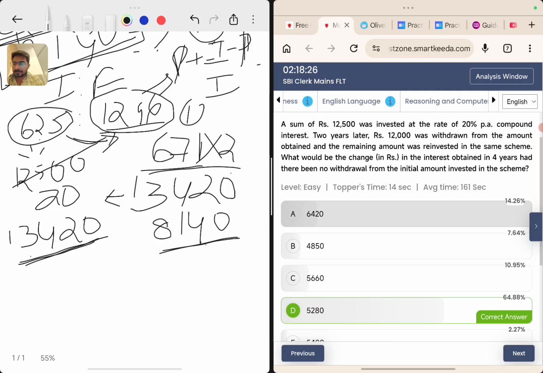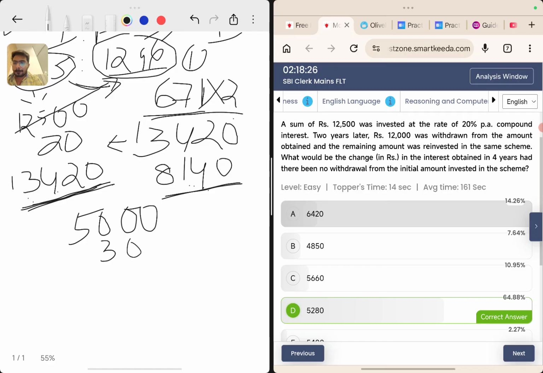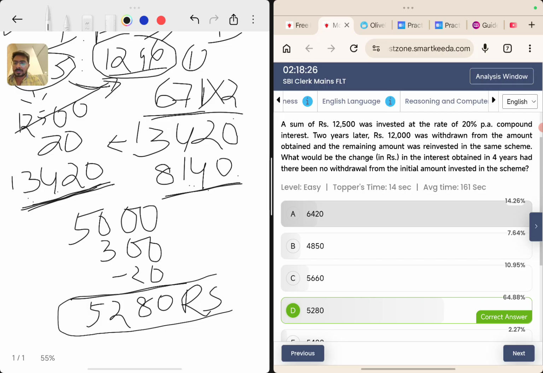So if I subtract 13,000 minus 8,000 means 5,000. 400 minus 100 means 300. 20 minus 40 means we need to subtract 20 more. So 5,300 minus 20, 5,280 rupees is the difference between the interest amount he will get in the two conditions given in the question.